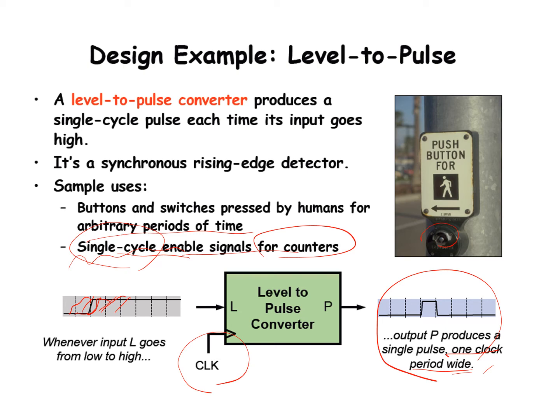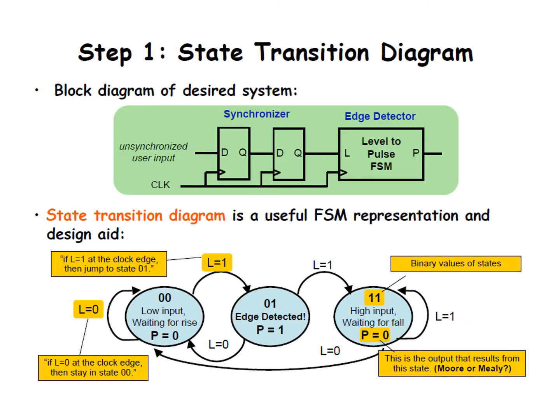First, we can make the state transition diagram to implement this kind of system. We have three states. The first state is state 0, where the input is low and we are waiting for the input to rise, so the output P is 0.